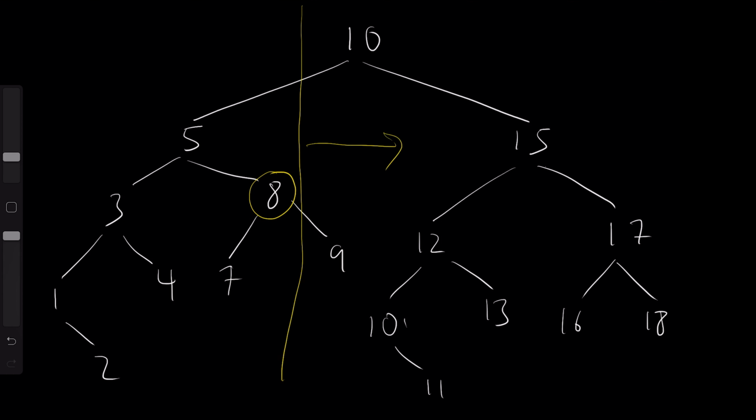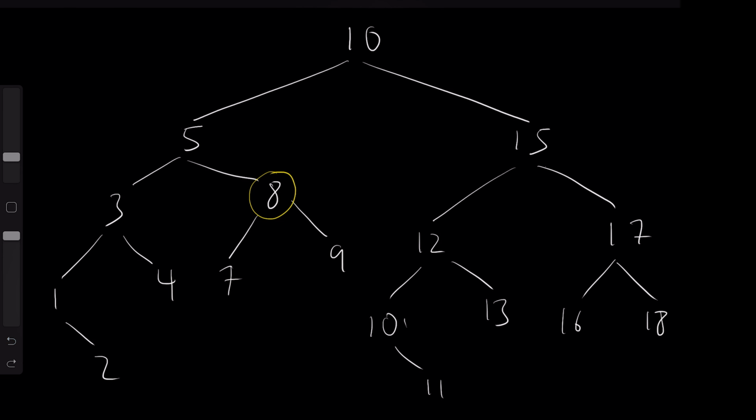And you have to find the one that is just slightly bigger, the next one, the successor. So how do you get a number that is bigger? You either look at your right children or it's your parent. So you either go up or down.